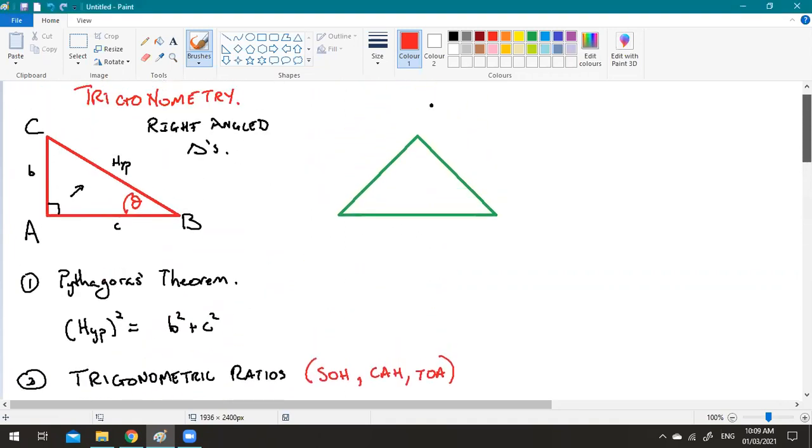From the diagram, if this is the angle, which one is the opposite? The one that is across, right? So opposite. And the one that is next to it is the adjacent.